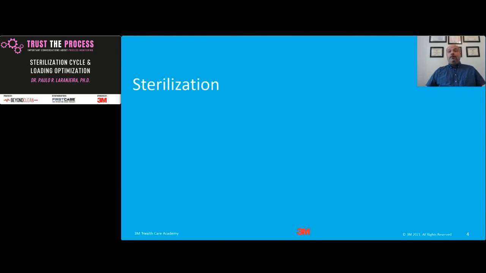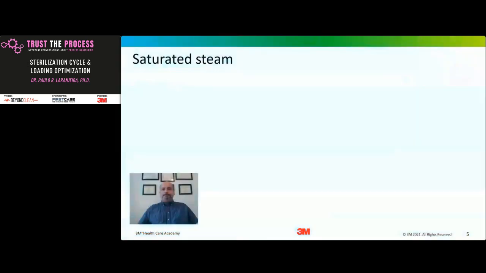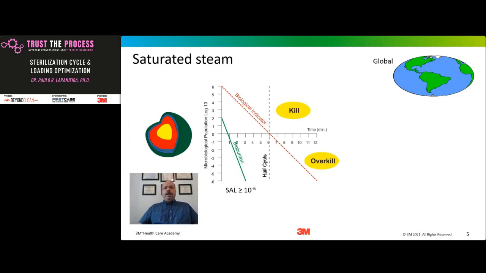Let's first talk about the principle of the sterilization process, what we have today. As we know, saturated steam sterilization is a globally chosen method for sterilization. Everywhere we go in the world, especially in hospital settings, the preferred sterilization method is steam sterilization. The principle is to inactivate viable spores inside of my load.